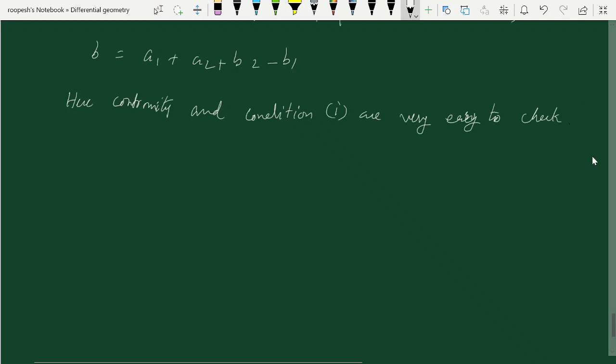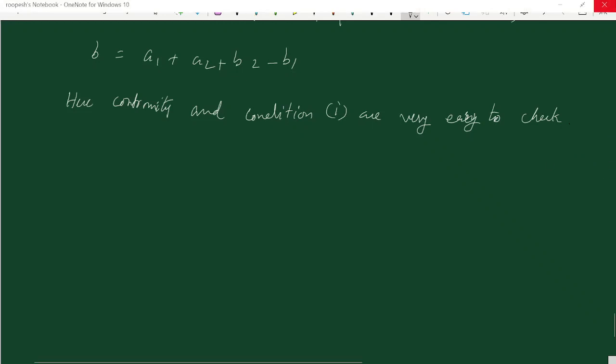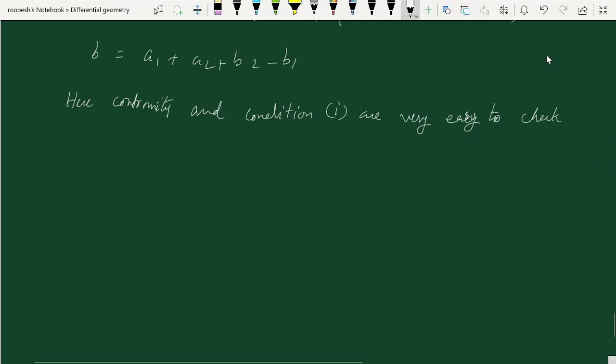From the definition of alpha, alpha is continuous.